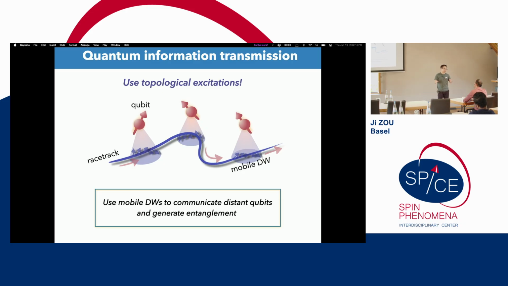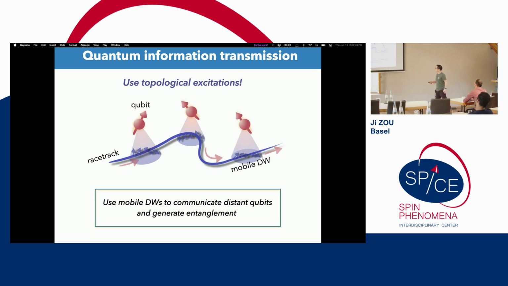They can be spin qubits or domain wall qubits or Skyrmion qubits. Just put your favorite qubit here, and then couple to a racetrack. Hopefully, by moving these textures in the racetrack, we can realize, for example, entangling between distant qubits, state transfer, or a remote 2-qubit gate.